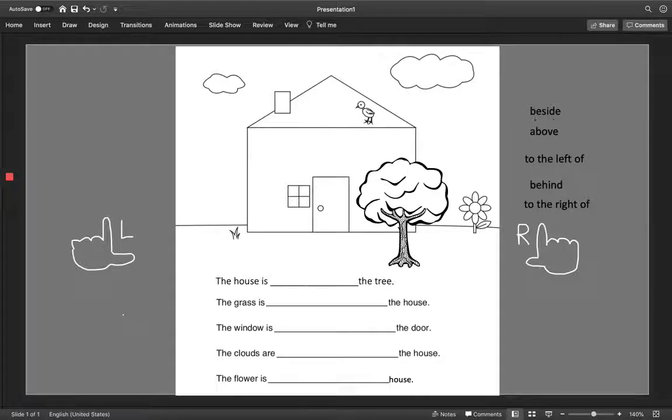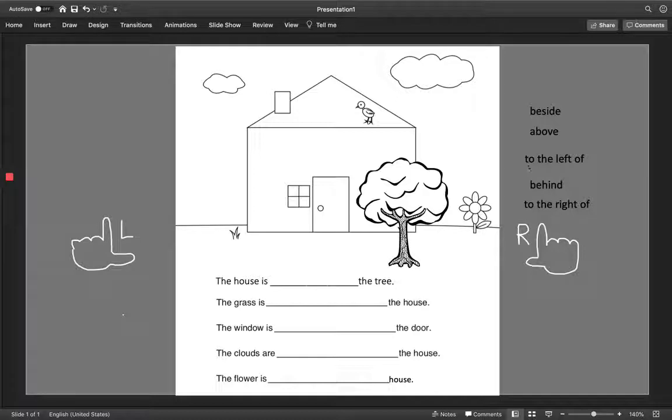The first word is beside. Beside is another word for next to. Is the tree next to the house? I don't think so. If the tree was next to the house, it would be somewhere on this side or on this side. The next word says above. Is the house above the tree? I don't think so. So that can't be right.